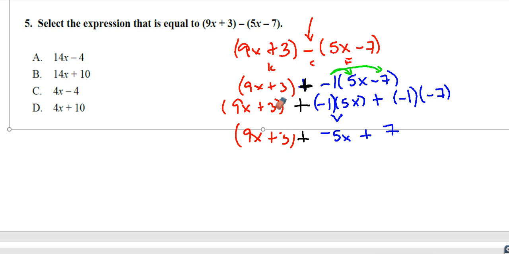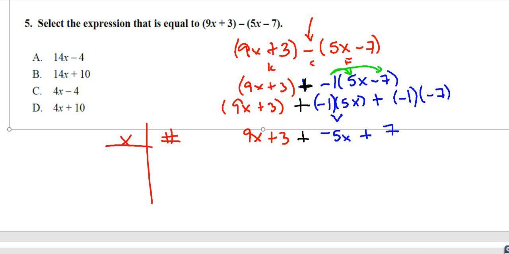So I'm going to get rid of the parentheses. That means now I can combine my like terms. So I have x's and I have constants, or numbers.